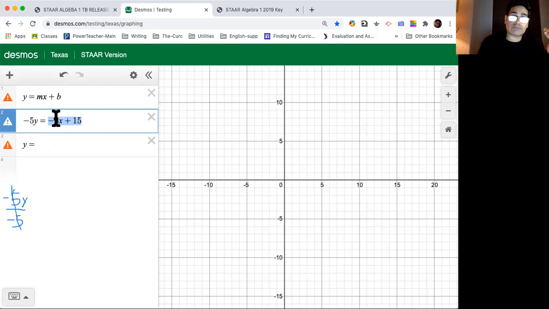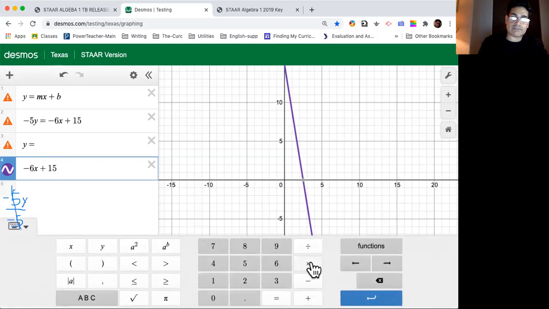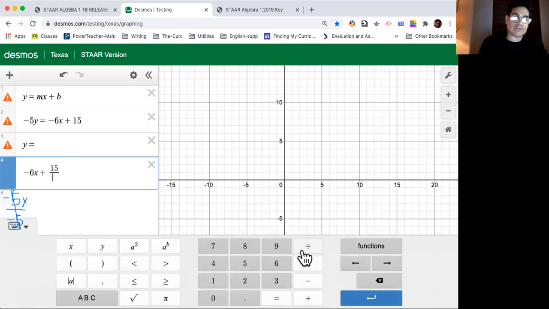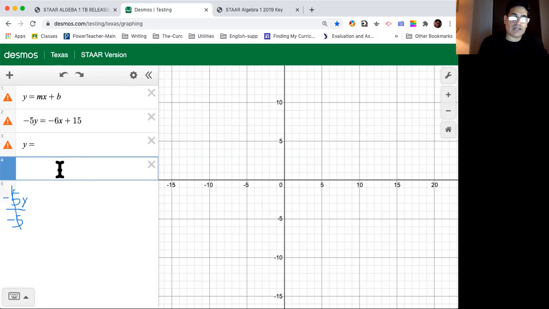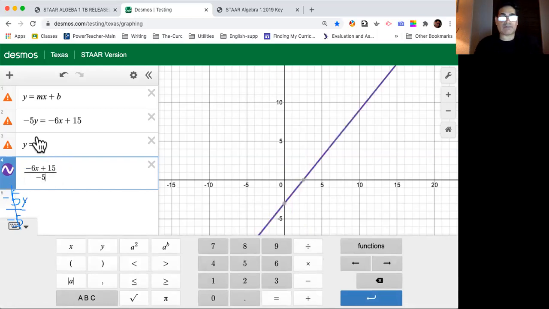Now I can try to do this, but remember, Desmos doesn't do equations. I could try to do this in Desmos, right? So y equals something, and I can try to divide that by negative 5, but it's messy there.